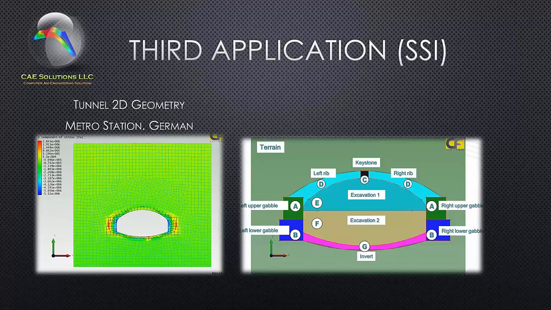The first sequence is to show the excavation shown as A, then B, then we replace that excavated material with concrete. Then the excavation proceeds in alphabetical order.